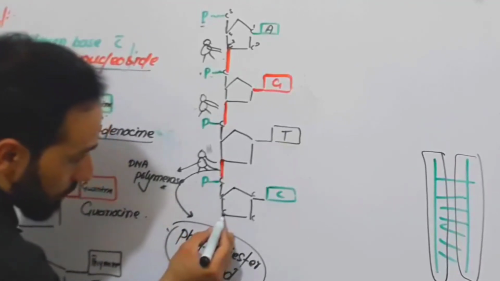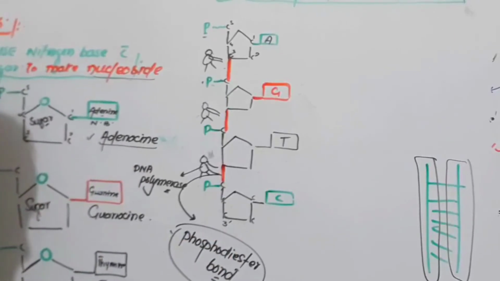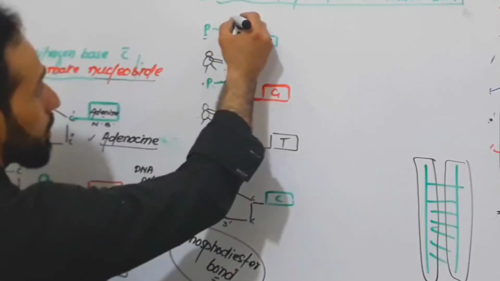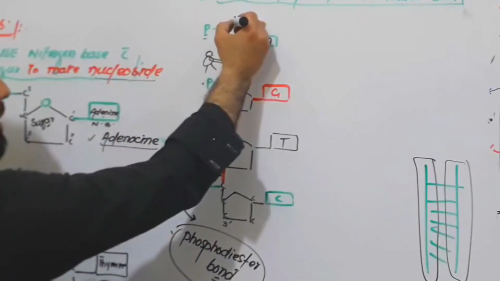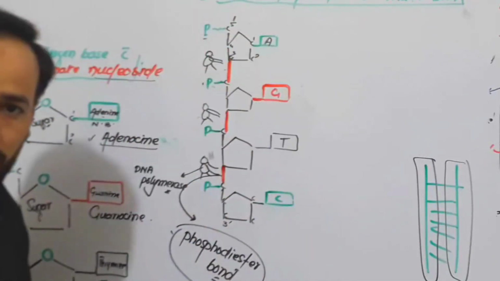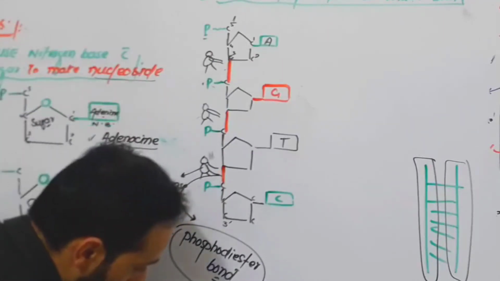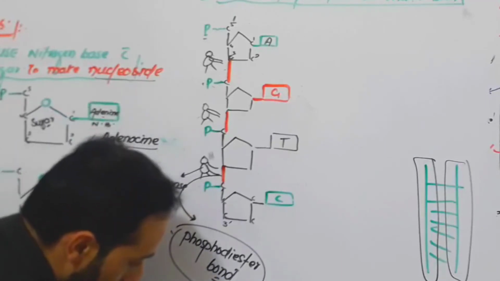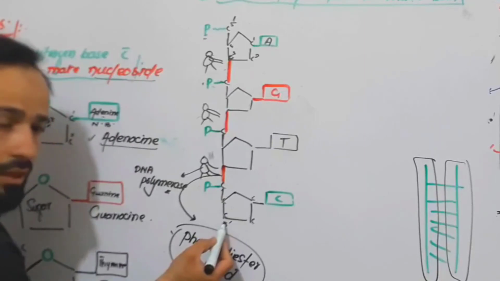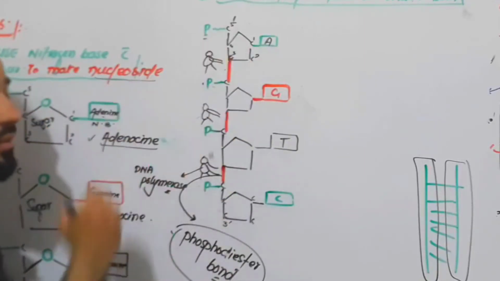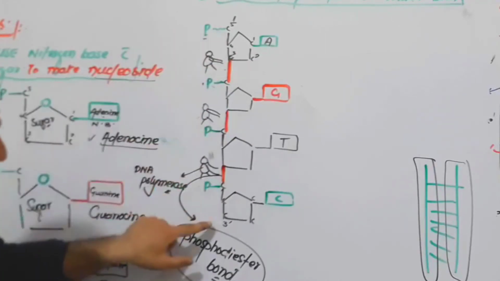So carbon number 3 of this strand remains unbonded, right? And here at the top, carbon number 5. So we say this strand of the DNA is 5 prime and 3 prime, right? Why? Because here the third carbon has nothing, and here the fifth carbon has nothing with it, right? So 5 prime and 3 prime.